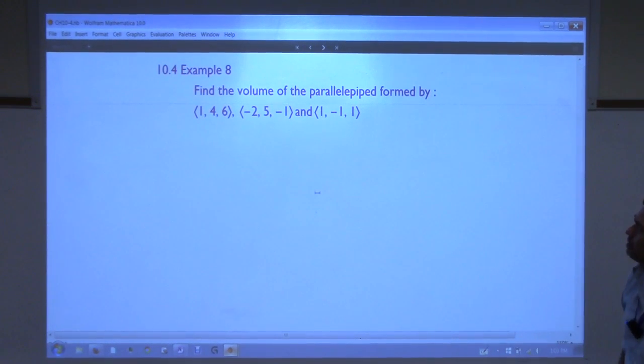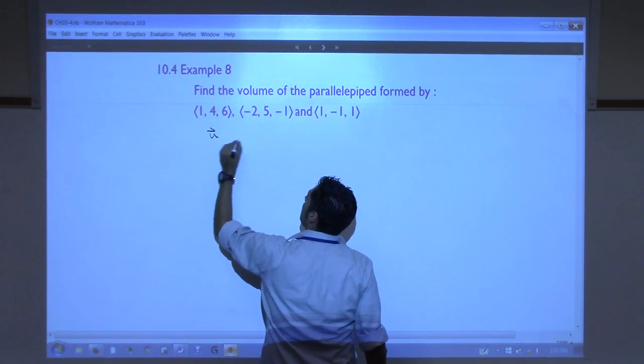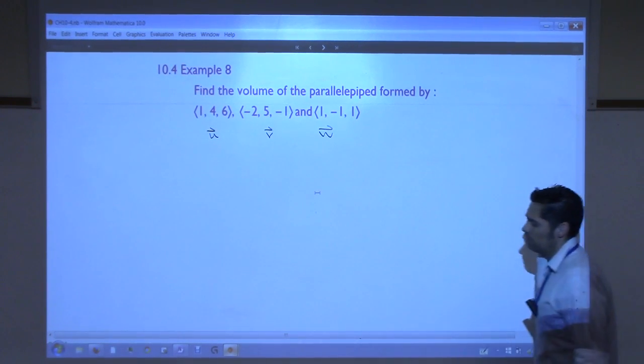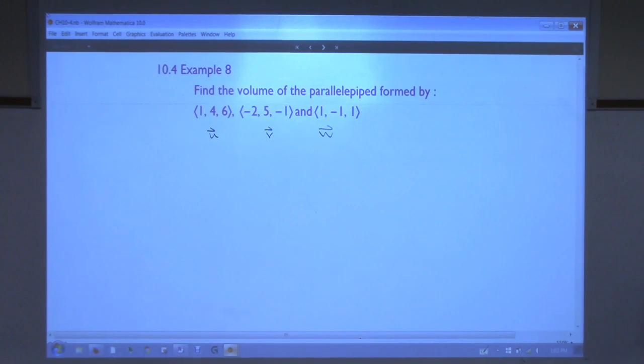So find the volume of this parallelepiped that is formed with these three vectors. We'll move quickly through this. You have to first label these. I'll call that one U, call this one V, call this one W. So what would you like to do first? Cross the V and W?